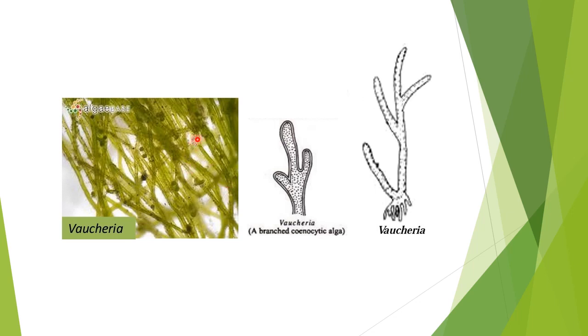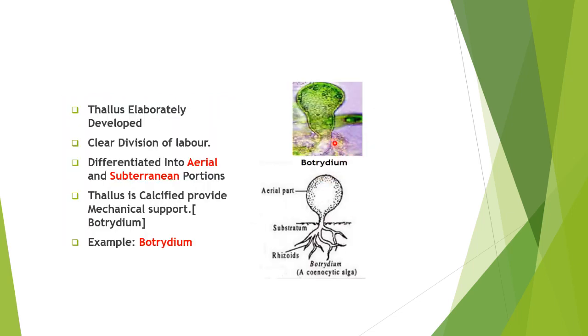These are siphonaceous algae, where you will find a central main hollow structure, and this is how Vaucheria appears. These are its sex organs, which arise from the lateral sides. You will find a number of nuclei, and that's why we call it multinucleate. The structure is called a coenocyte also. Then there is also a modification, as in the case of Botrydium, where you will find the thallus elaborately developed.